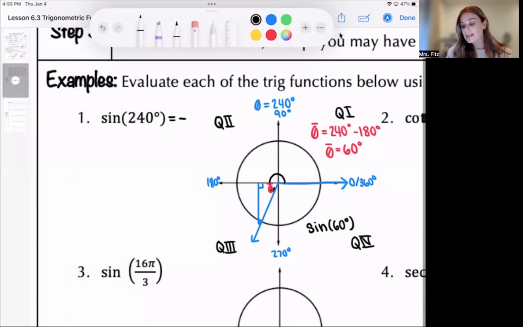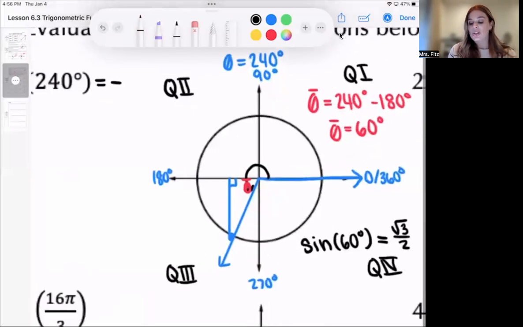Now, sine of 60 degrees, if you have the unit circle memorized, 60 degrees is that triangle that's a little taller up here, so it should be root 3 over 2. But let me show you a little trick in case you've forgotten. This we just said is 60 degrees, so this would be 30 degrees.